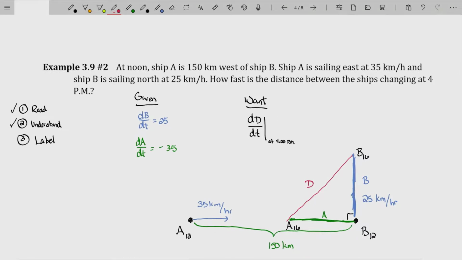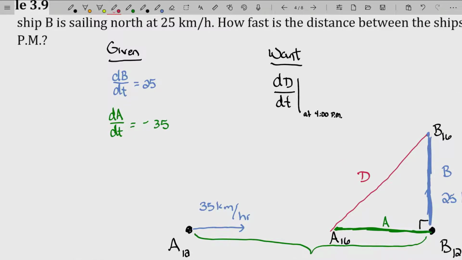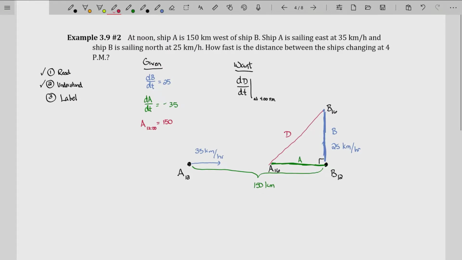There really is one more piece of information we were given, which is that the initial distance was 150, and that'll come into play when we build our master equation. But you could write that in the given column. So you could say that A at time 0 is equal to 150. You could say that if you want. That's totally fine. They did give us that.